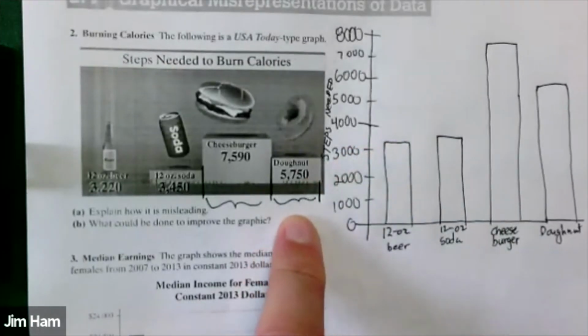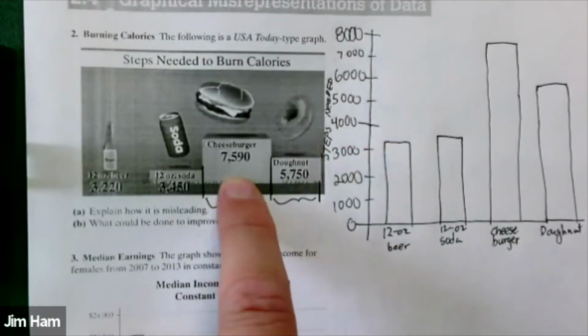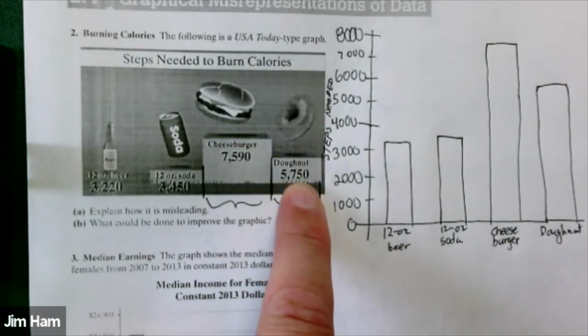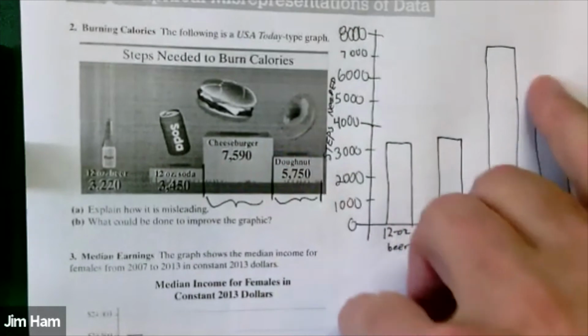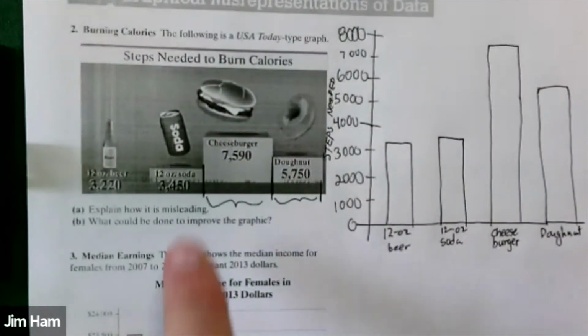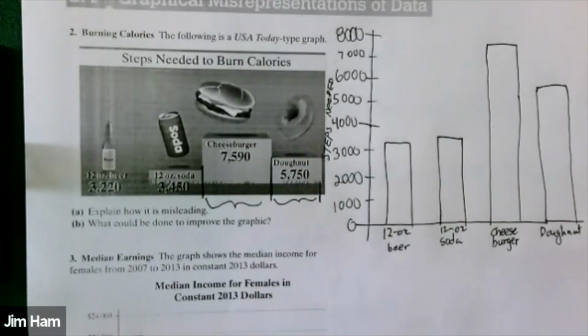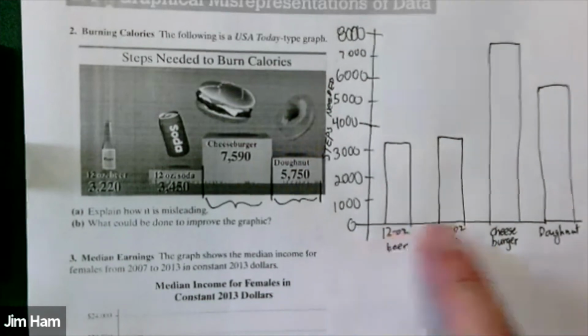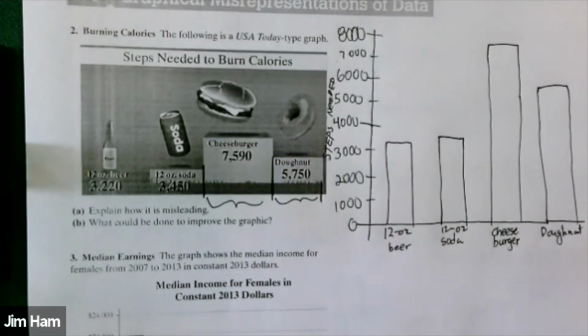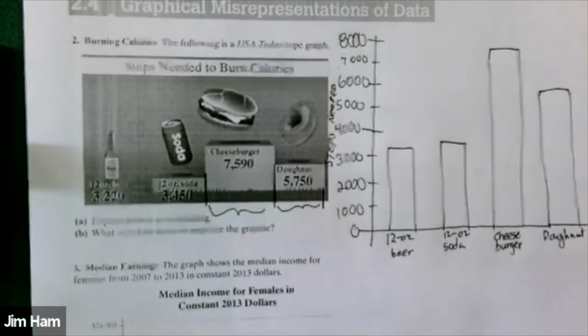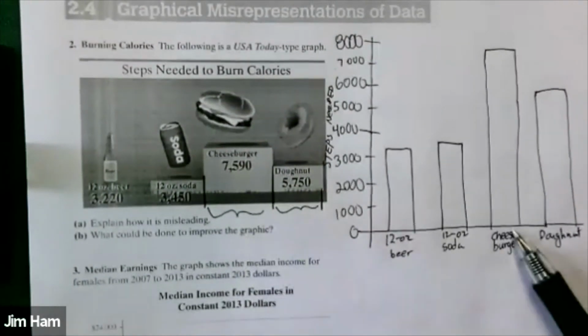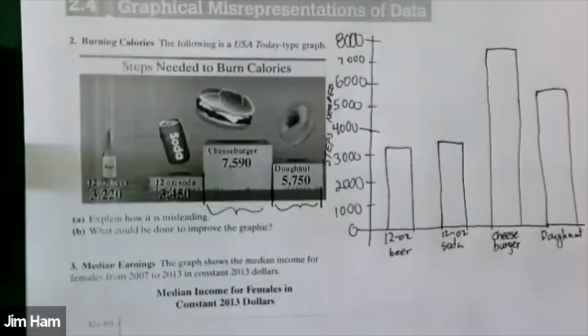The widths of the bars are different, and it makes the cheeseburger look so much bigger than the donut, even though it's just a couple thousand steps more. The thickness of the bars is misleading there, and that could lead someone to a conclusion that's not correct. So make sure all bars are the same width, otherwise the graph is out of proportion. To improve the graphic, make all the bars the same.